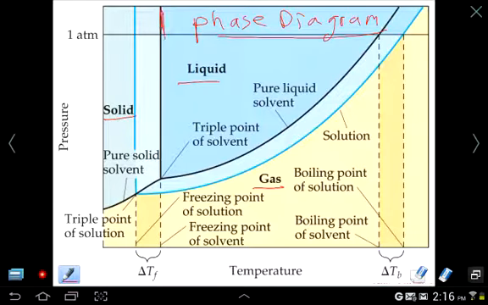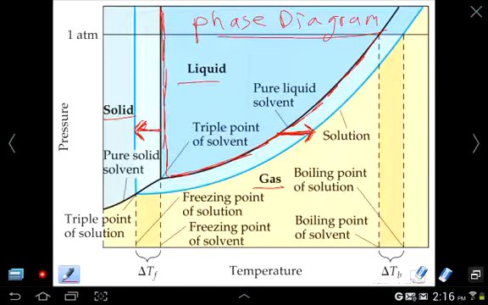This is your original phase diagram, so you can know the boiling point at any temperature, any pressure you wish. And the whole point here is when you have a solution, the liquid range of the solution expands. So it's now a liquid at a higher temperature, and it's now a liquid at a lower temperature. In other words, your solution has a lower freezing point now and a higher boiling point.